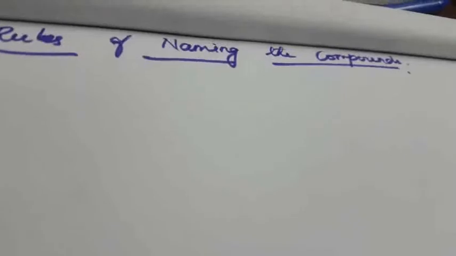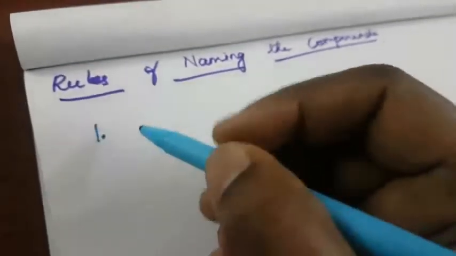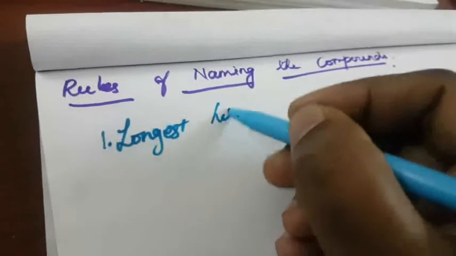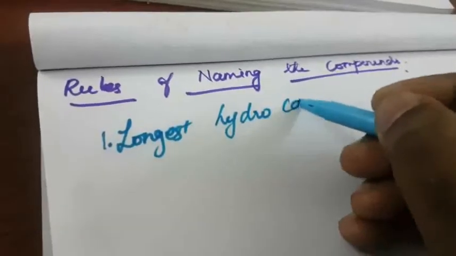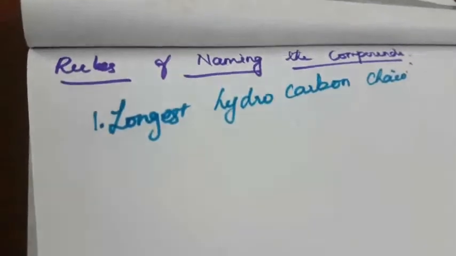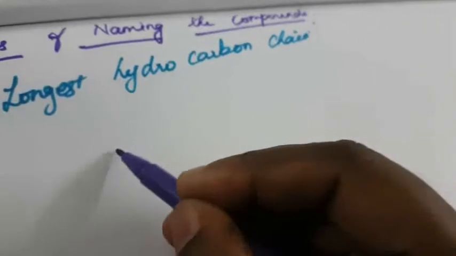Next one is, what are the rules of naming the compounds? First rule is to identify the longest hydrocarbon chain, the carbon chain. How to identify that? I am writing an example here.